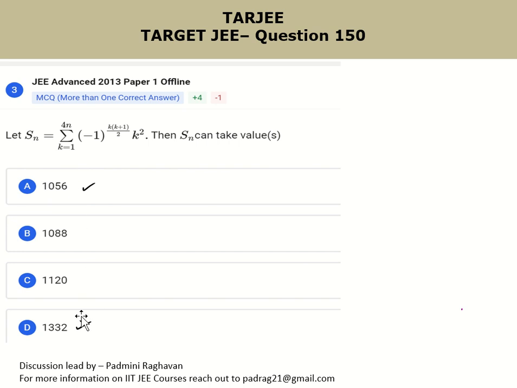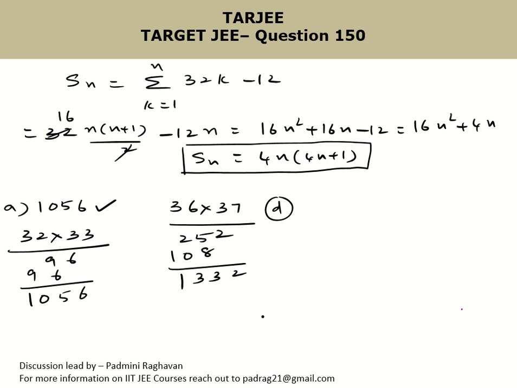So if you see, all these numbers are between 900 and 1600. That means they should be between 30 to 40. So a multiple of 4 between 30 and 40 is 32. So either it should be 32 into 33, which is precisely option A, or it should be 36 into 37, which is going to be 1332. So the answers to this question are option A and option D.